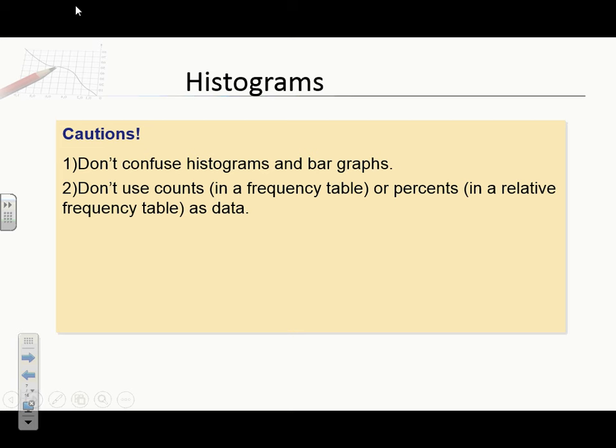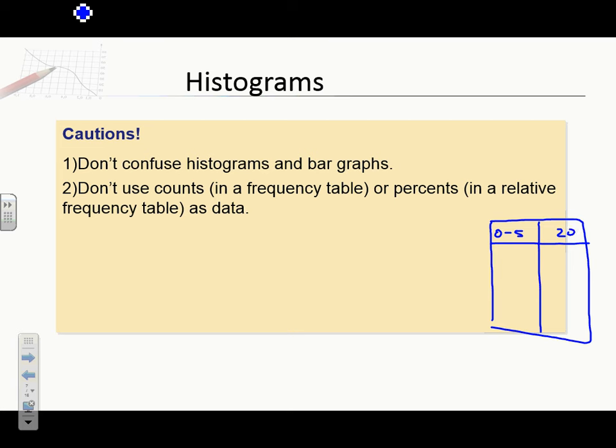Don't confuse when they give you information. Sometimes they're going to give you a description in words, sometimes they'll give you an actual table. Don't use the counts in a frequency table or the percentages in the relative frequency table as data. What that means, if I give you that frequency table from before, so we had 0 to 5 had 20, 5 to 10 had 13, and so on, right?